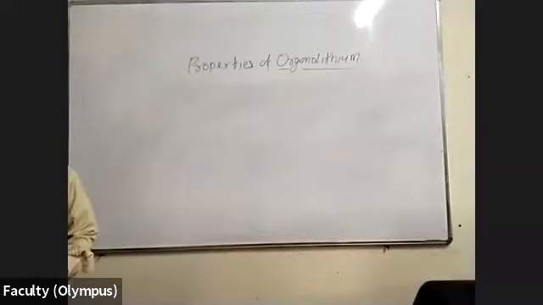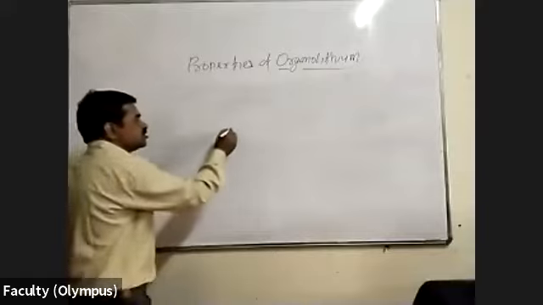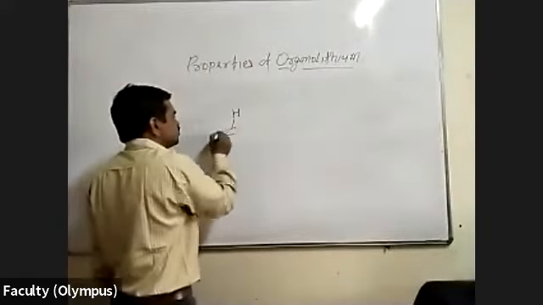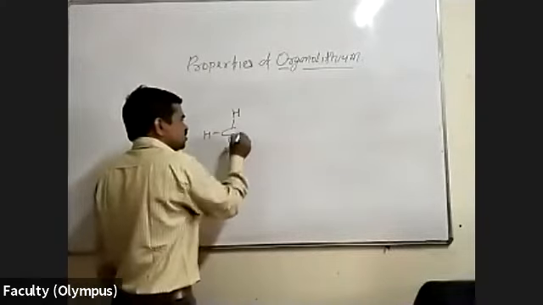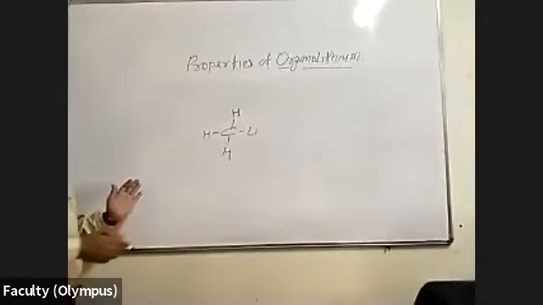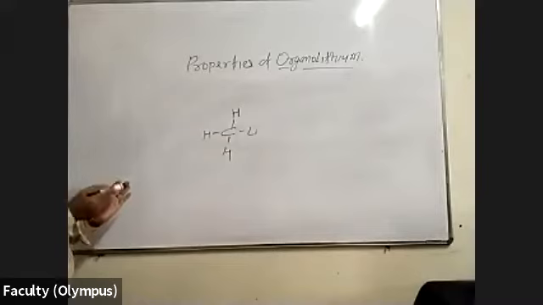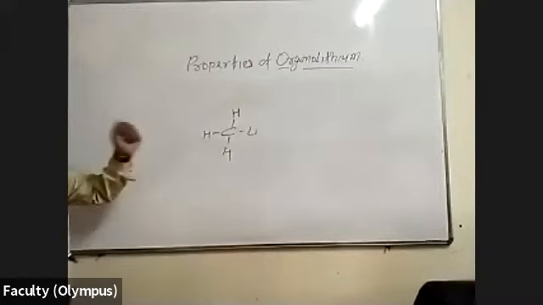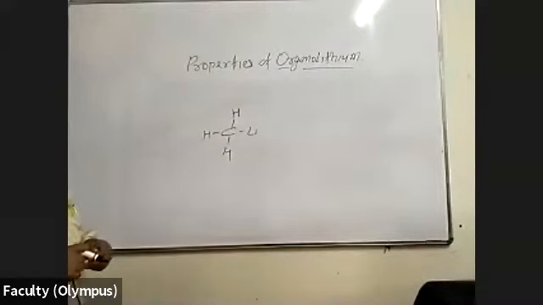Now we have to see the structure of this one. Say there is CH, H, and Li. Instead of H, there can be some other group. In this organolithium compound, carbon is sp3 hybridized.